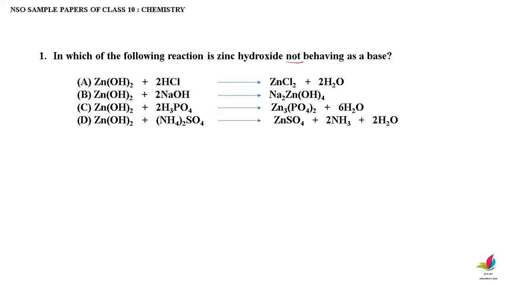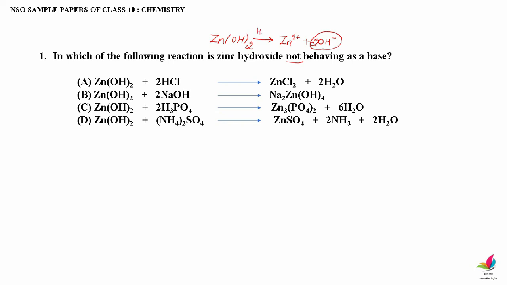Okay, so what is zinc hydroxide? We know that zinc hydroxide is Zn(OH)2. Now this is a base, right? Why is it a base? Because a base is a substance which ionizes as Zn2+ and OH-. So a base is a substance which furnishes OH- ions in aqueous solution.